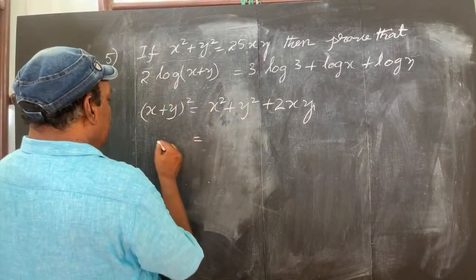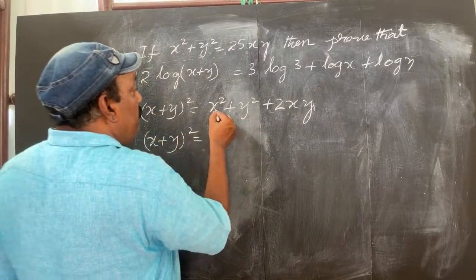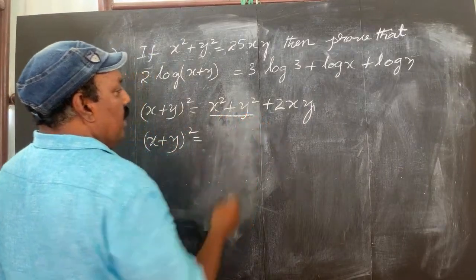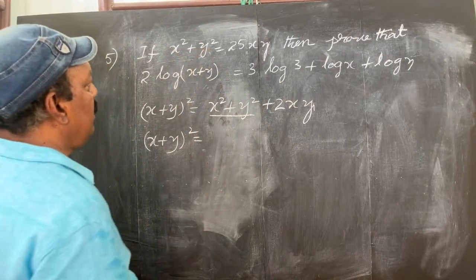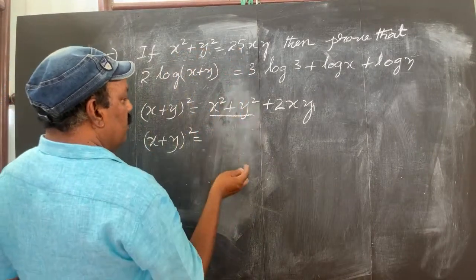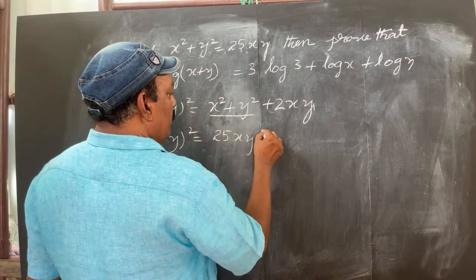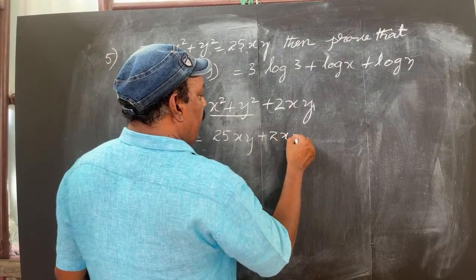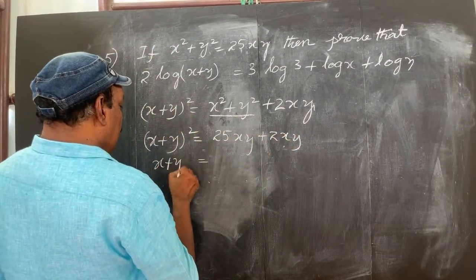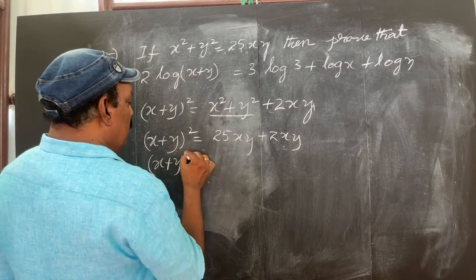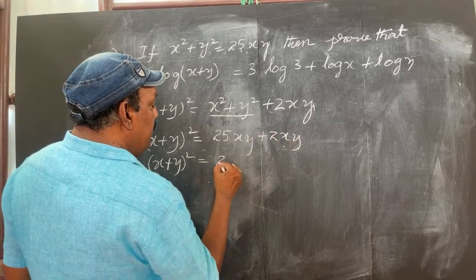In this case, we will continue this whole square. In the place of x square plus y square, I am keeping this value from the question. In the question, what is the value? x square plus y square is equal to 25xy. So now 25xy plus 2xy we are going to place. Now x plus y whole square is equal to 25xy plus 2xy, we are getting 27xy.